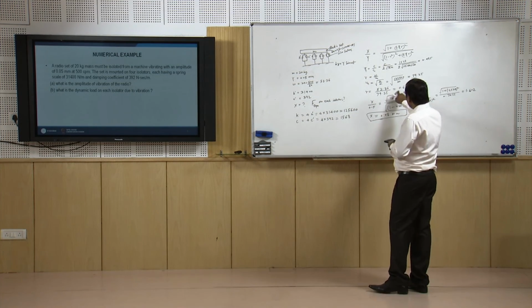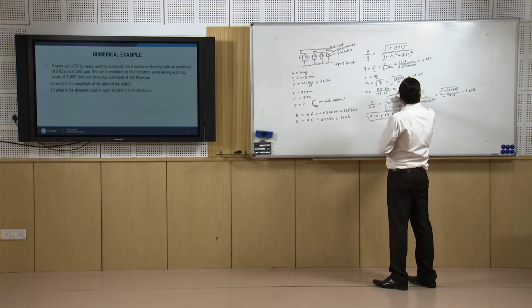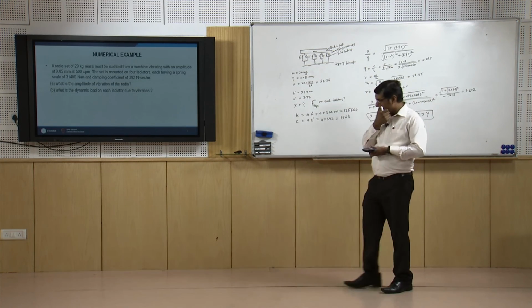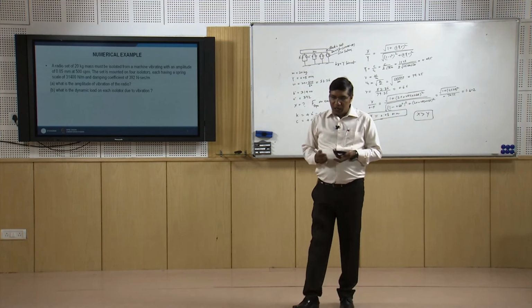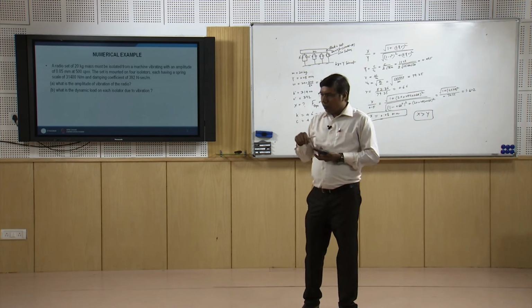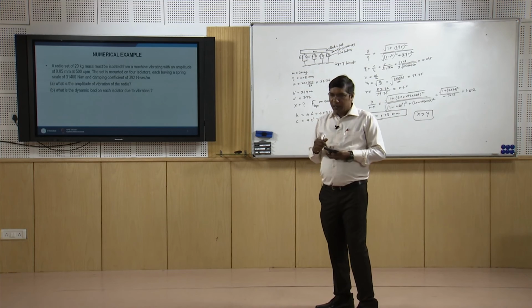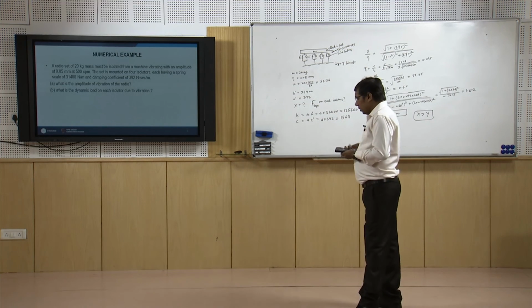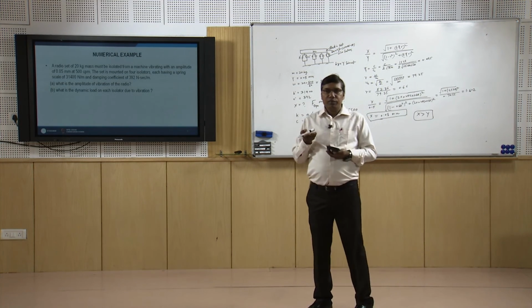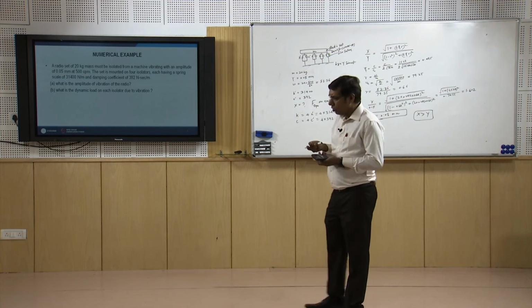Why? Because r equal to 0.66, r less than 1, and when r is less than 1, we are in the damping control region, and there usually the transmissibility is more than 1.